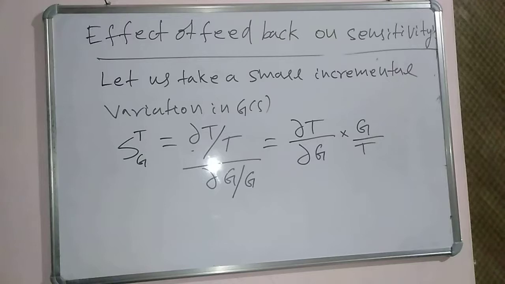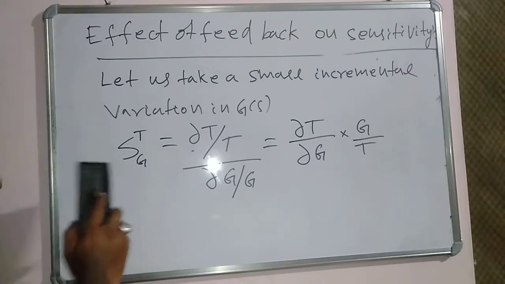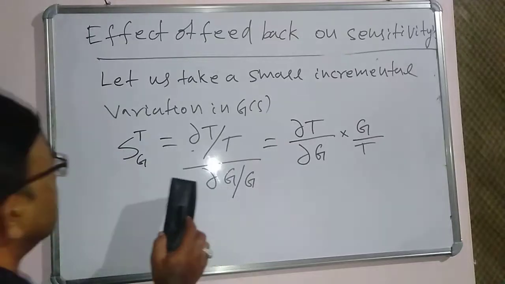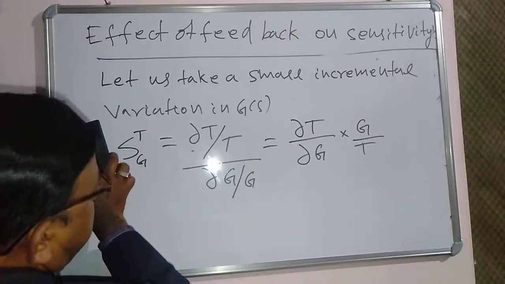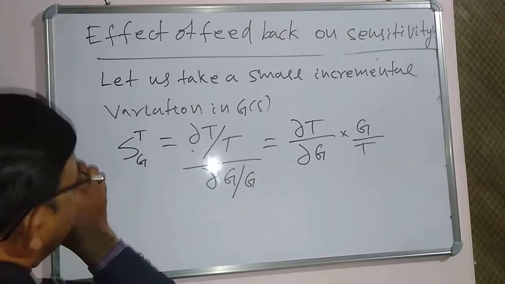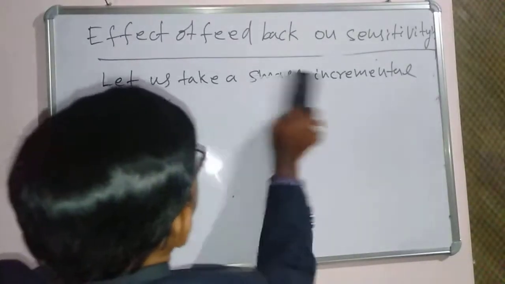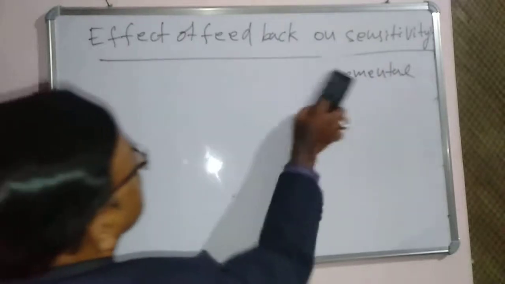This is the sensitivity due to incremental change in open loop transfer function G. So find out what is the actual sensitivity of a closed loop or feedback control system.